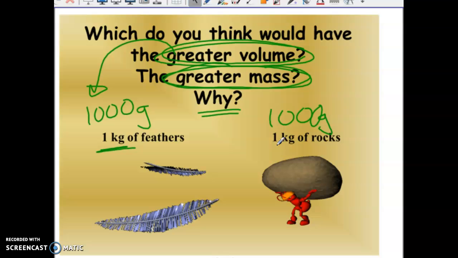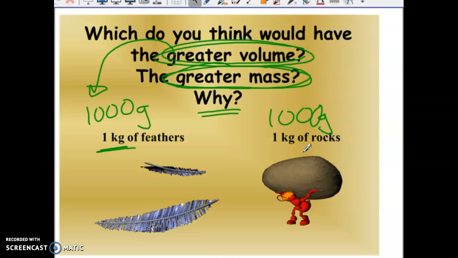A kilogram of rock could fit in maybe 1 hand or 2 hands worth of rock. 1 kilogram is roughly 2.2 pounds, so you can probably hold it in 1 hand.